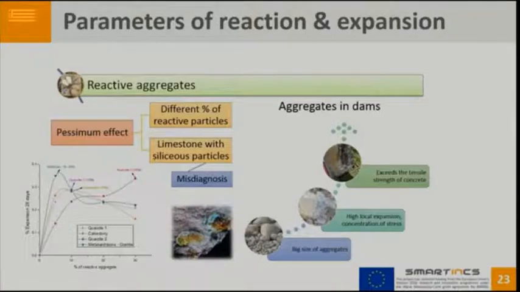Much of the concrete theoretically affected by alkali carbonate reaction or dedolomitization is a calcareous aggregate that has small particles of siliceous aggregate, a reactive siliceous aggregate.